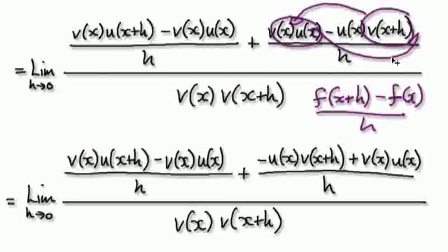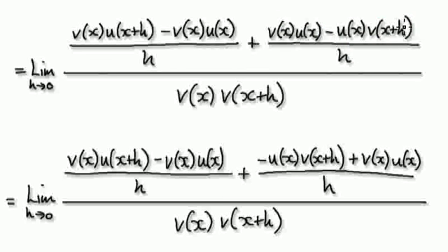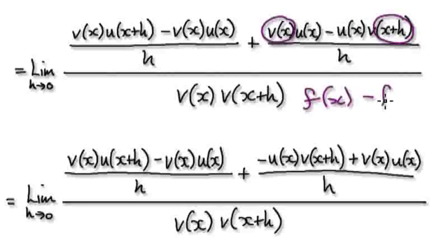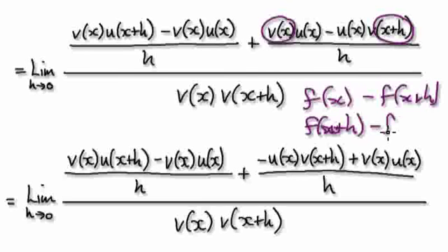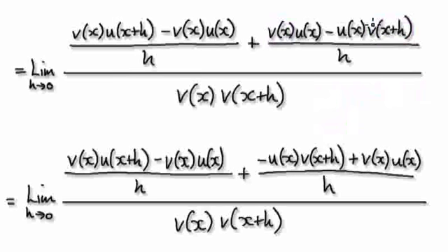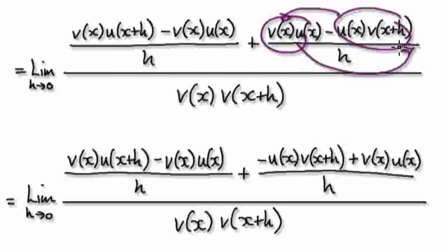At the moment we've got f of x minus f of x plus h. We want f of x plus h, take away f of x. So we want this to be in front and this to be behind.